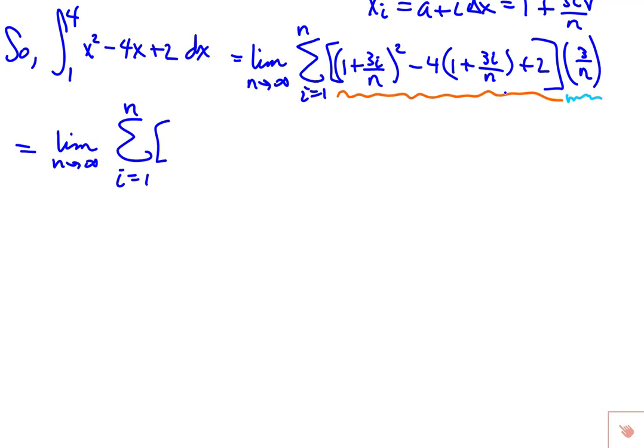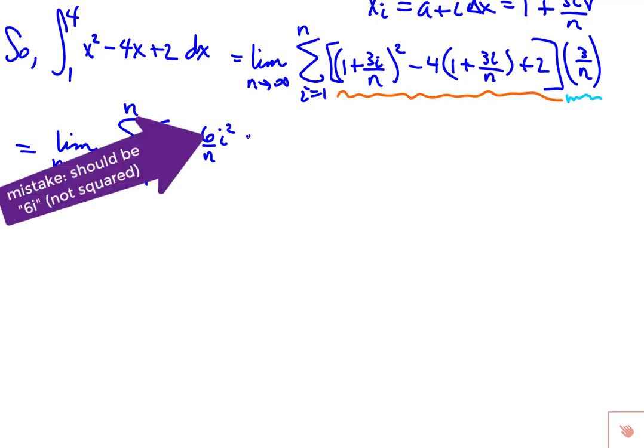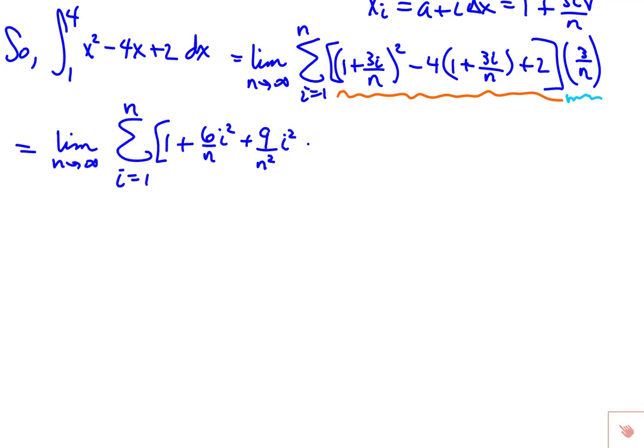What's in the brackets, which I underlined in orange corresponding to the f of x sub i star, if we expand that out algebraically, by foiling the first term that is squared and so on, we'll end up with 1 plus 6 over n i, plus 9 over n squared i squared, minus 4, now we're distributing this negative 4 into the parentheses that follow it, so minus 4 minus 12i over n, and then of course the plus 2 that we had on the end there.